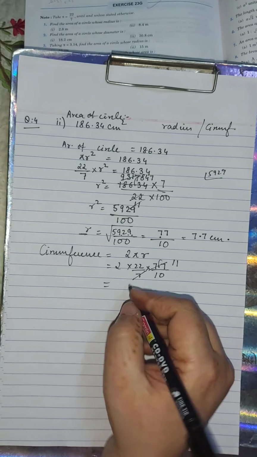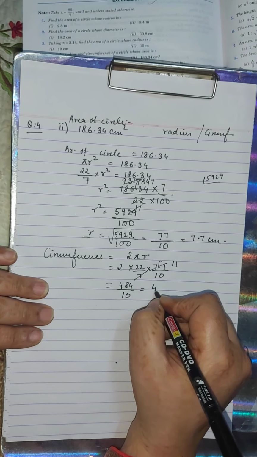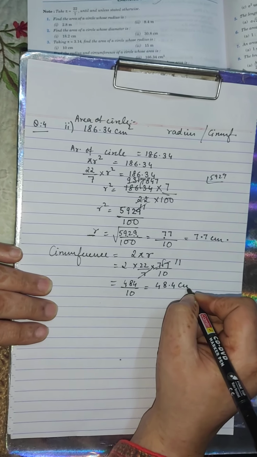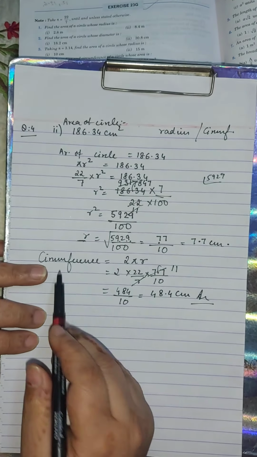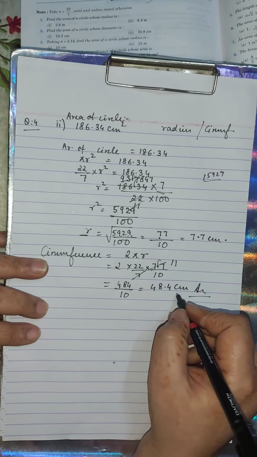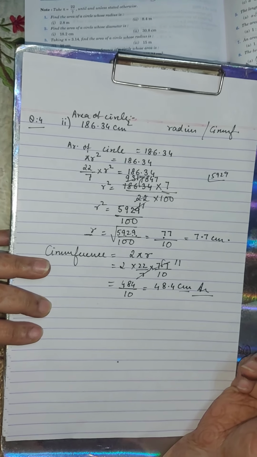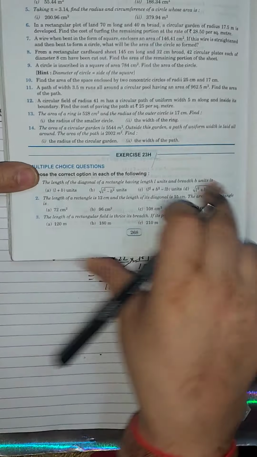You will get 484 upon 10. That is equal to 48.4 centimeter. Answer. Area is always in square, and circumference, as it is a perimeter, the unit will be meter or centimeter. Now we will move forward with question number 5.